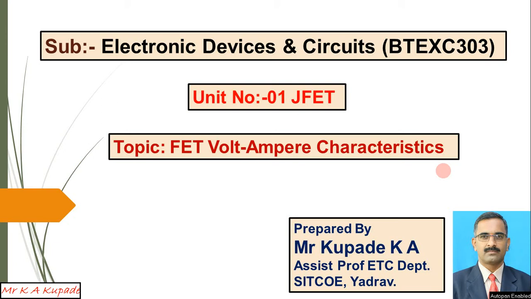We also discussed how the P channel or N channel JFET is constructed and how it works, and how the gate terminal is reverse biased to control the current in the JFET. That operation we discussed.